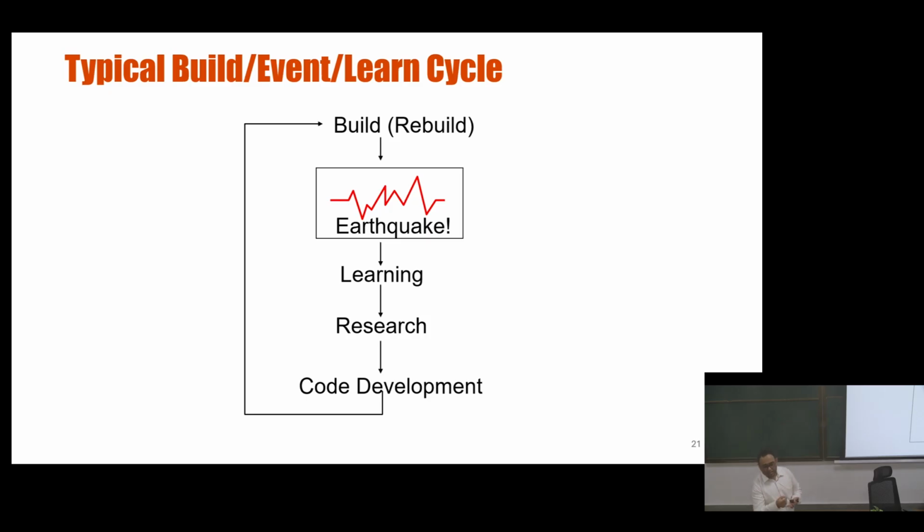And that was a culmination of research after the Northridge earthquake, with the Consortium of Universities for Research in Earthquake Engineering, which is CUREE. And from that research, you go to code development, and the cycle goes on.